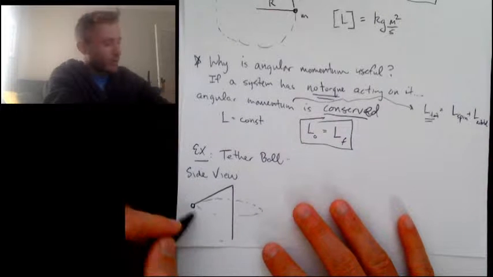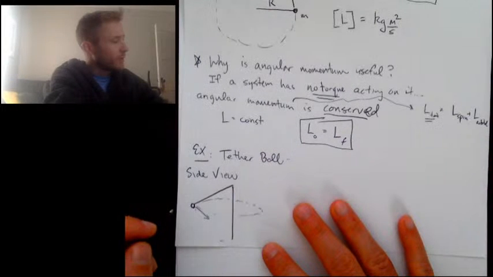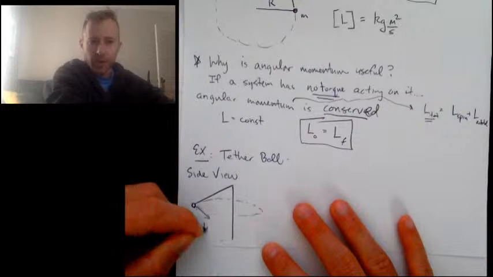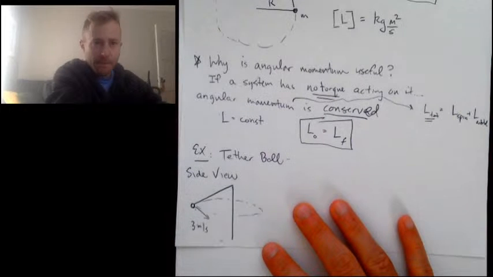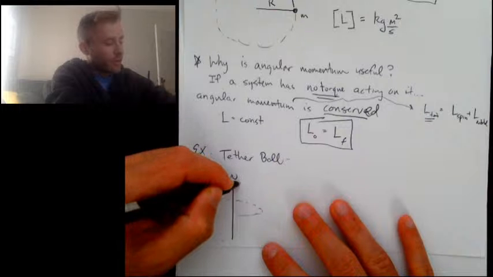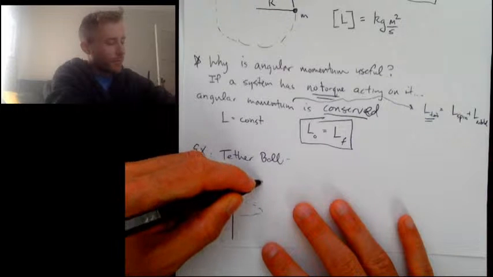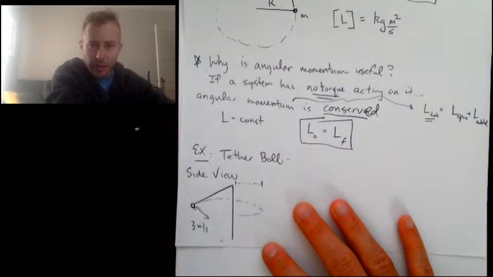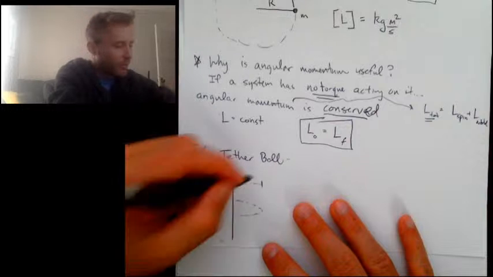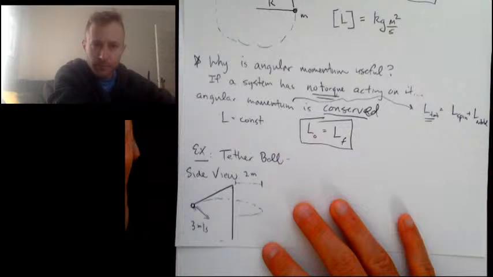And so let's say it's moving around its circle with a speed of 3 meters per second. Okay? And furthermore, the radius of that circle that it's moving in is 2 meters. Okay?